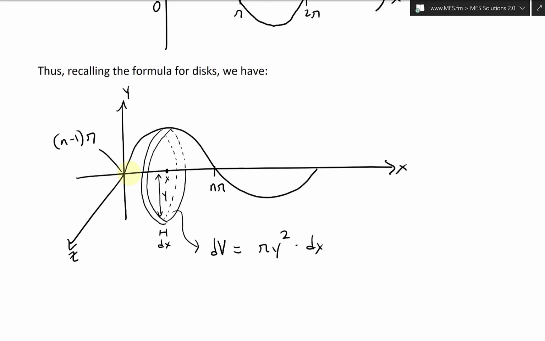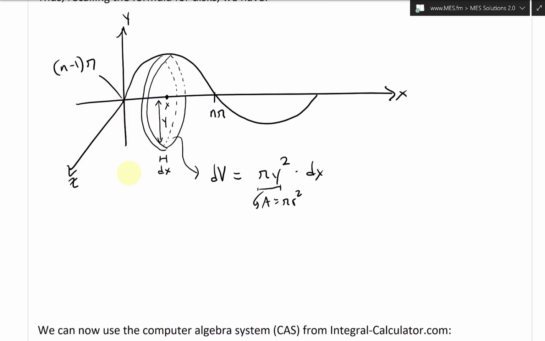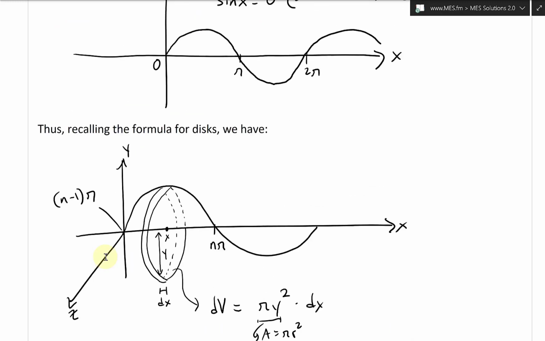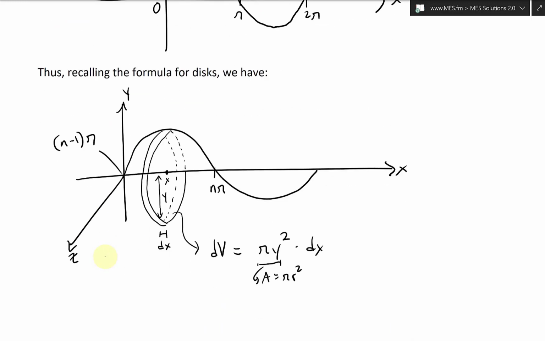This part is the area, equals pi r squared, and dx is the thickness. So that's the slice of the volume. Also, just for completeness, this segment here is at n plus 1 pi. At each zero we're always incrementing by 1, and then pi, like that.